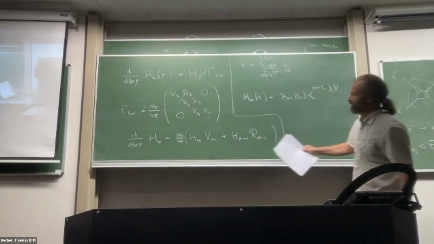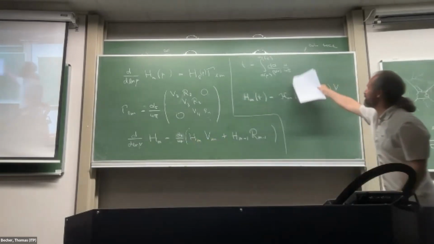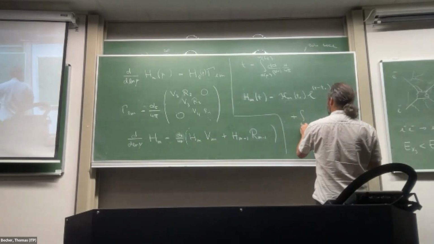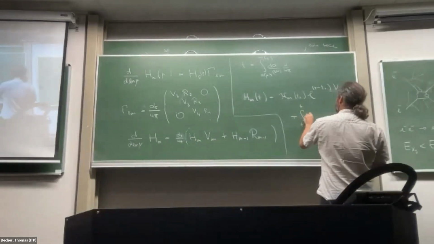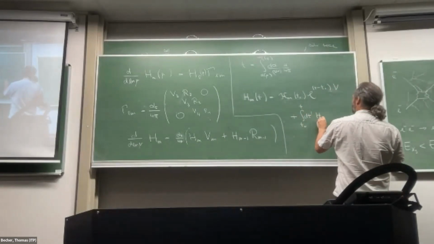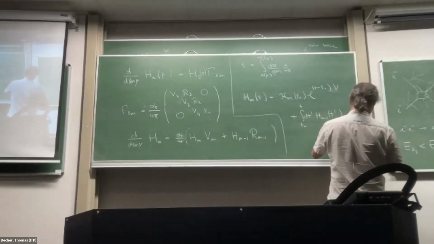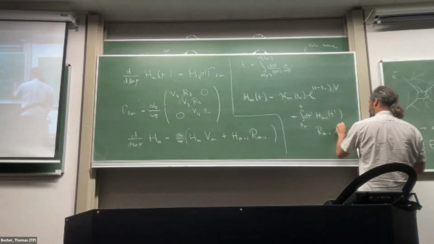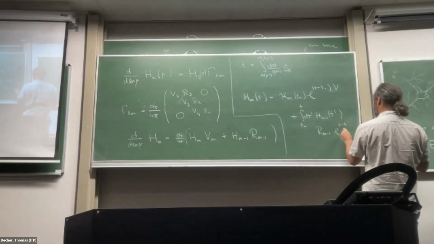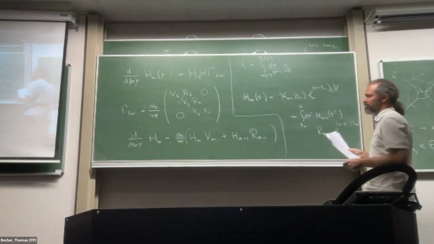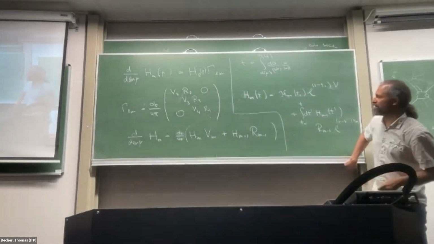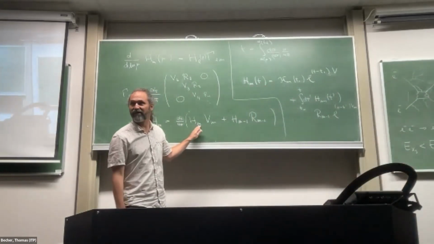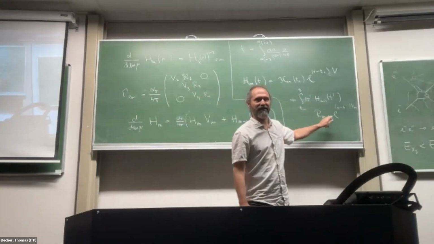That is the solution to this equation after rewriting it with the time t, plus the integral from t0 to t prime of h m minus 1 at t prime times the rm minus 1 times e to the t minus t prime em. It's the same equation, and in some sense it looks more complicated, but I have explicitly solved the parts associated with the virtual ones, and then for the real ones I get this integral.